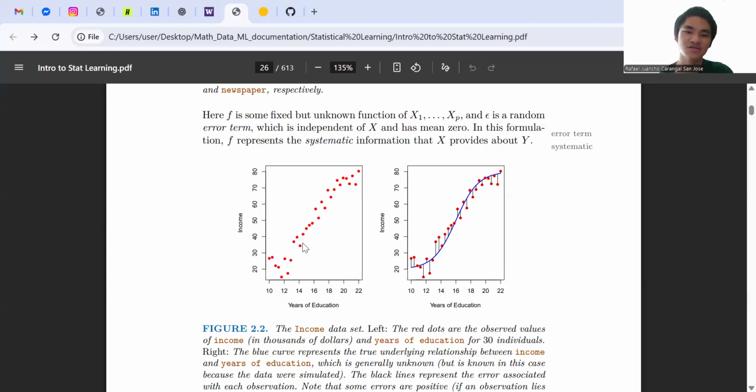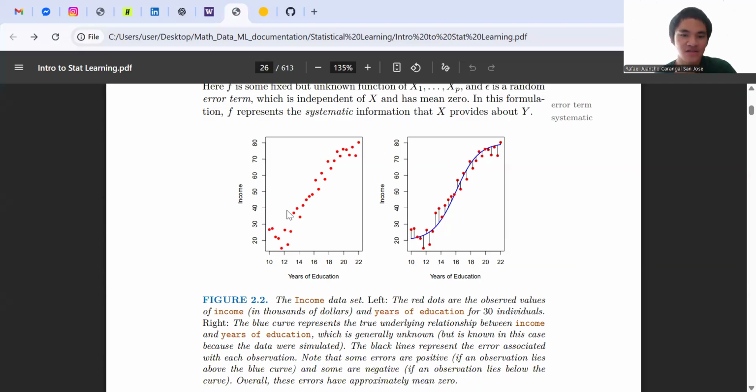So it's really just how we can relate x and y in a systematic way that's not all over the place. Here we can understand, using some mathematical function, how we can relate x, the predictors, towards its response.